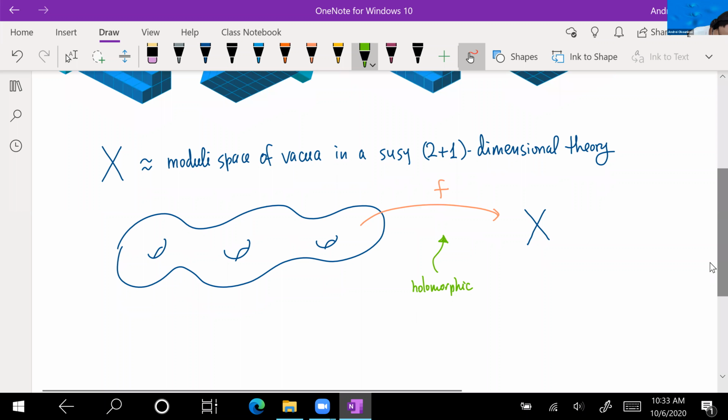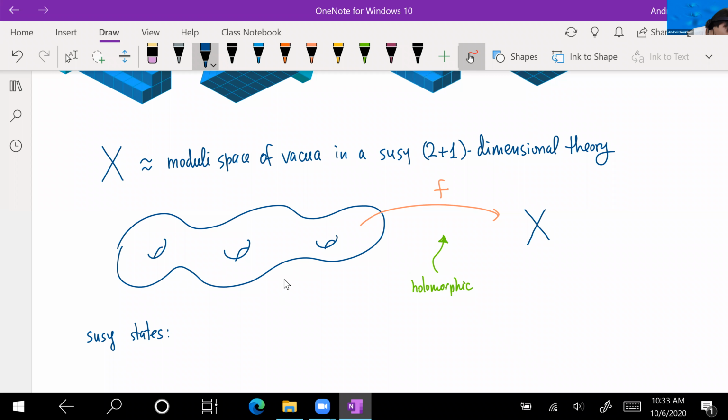And so we would like the supersymmetric states in this theory to be roughly moduli spaces of objects like this.